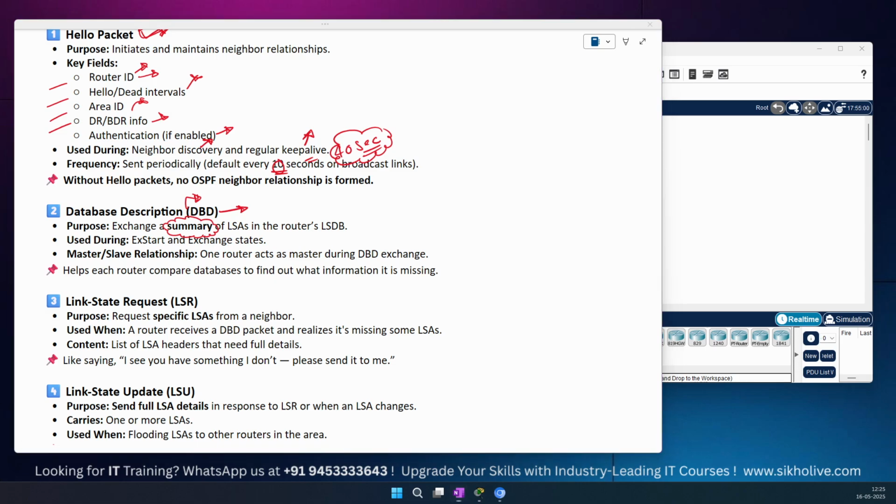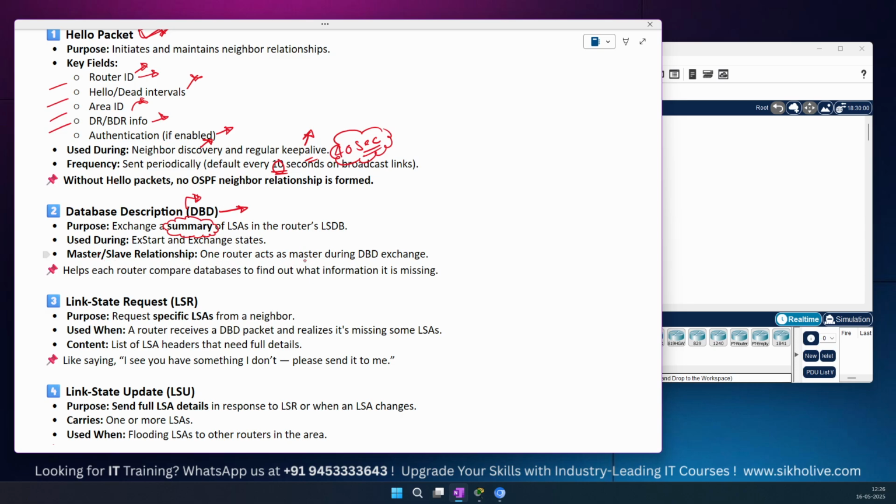It is used during ExStart and Exchange states. The master and slave relationship we will know in the part of HDD selection, hard disk drive. It's an older technology in storage, but there is the concept of master and slave relationship.